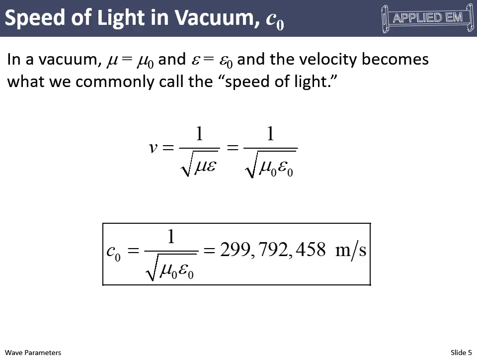When I see that in an equation, I won't immediately know what they're talking about. I'll have to read and get the context to figure out what they mean by c. To avoid that ambiguity, in everything I do, I always use c naught. If you ever see me use just c alone, I'm probably talking about the velocity that can change depending on what medium it's in, but I really avoid doing that.